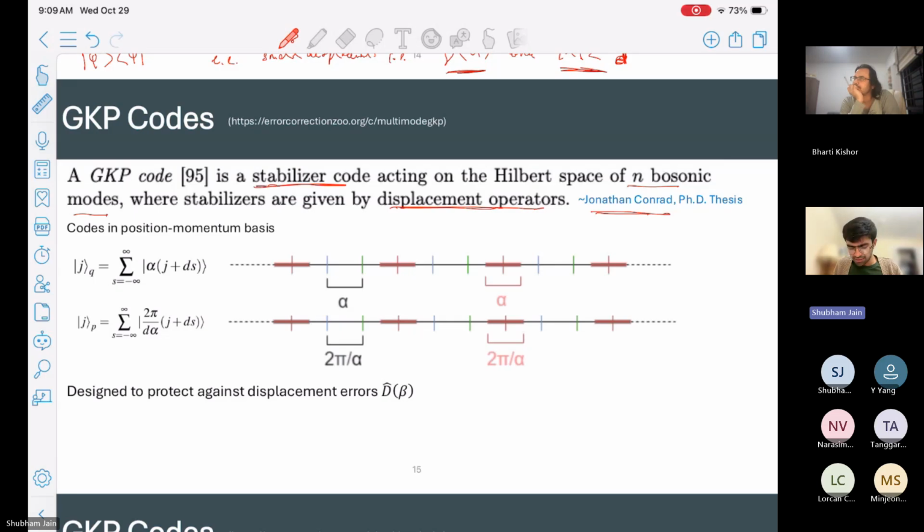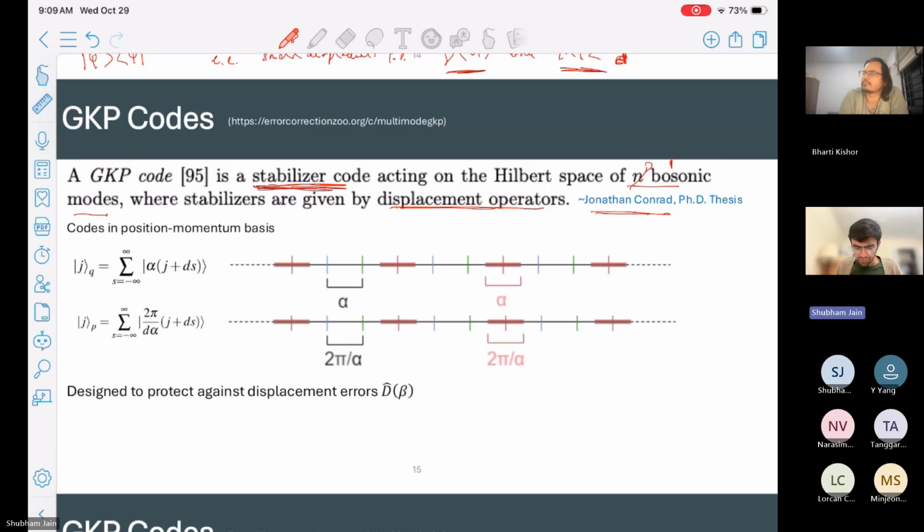This is going to be the first stabilizer code that we see in the bosonic language. It can generally be defined on a Hilbert space of n bosonic modes, but for this particular example, I'm just going to work with n equals 1 for simplicity. The stabilizers are given by displacement operators, which I will also describe.